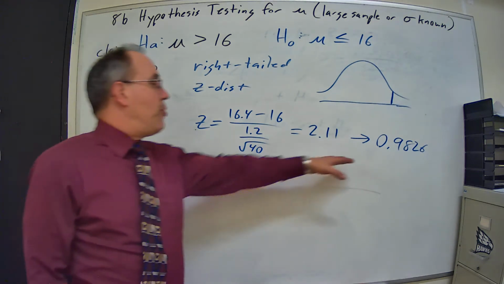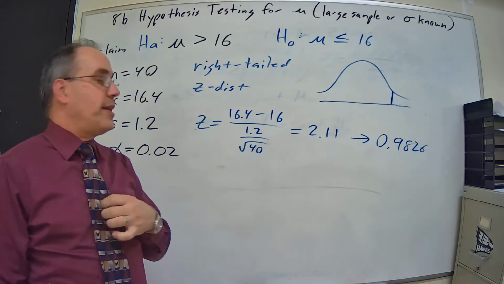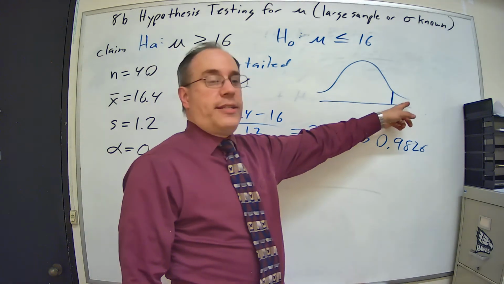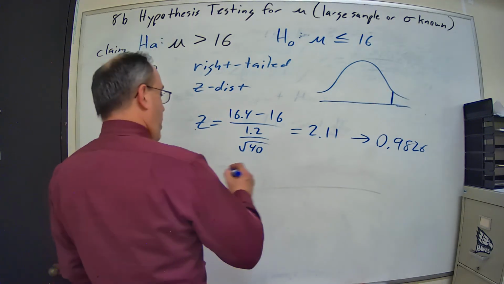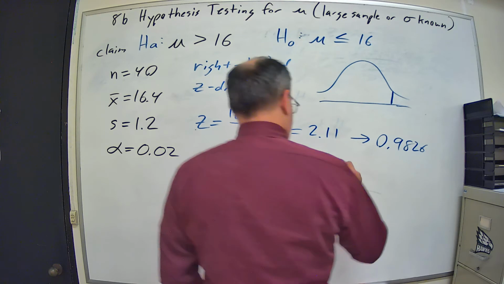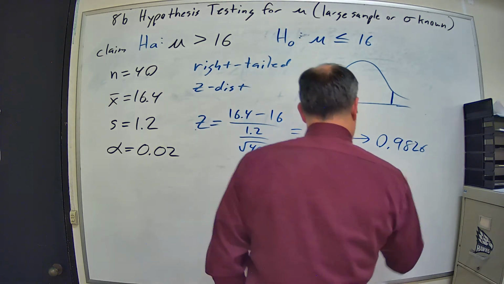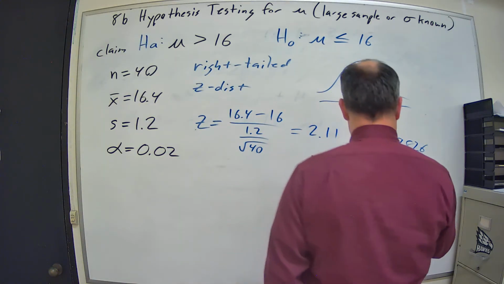Okay, so the area to the left is 0.9826. We are dealing with a right-tailed test, so we want the area to the right. So we want 1 minus 0.9826, which is 0.0174.